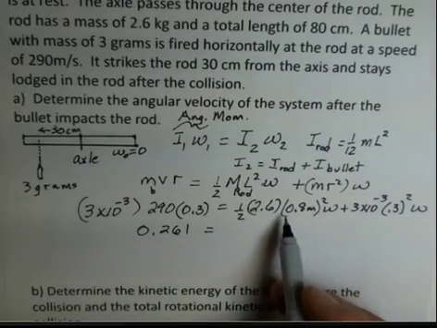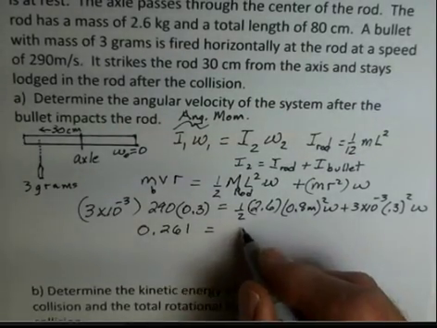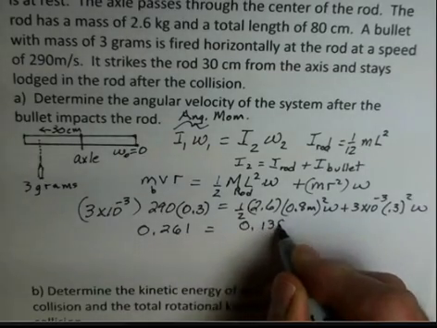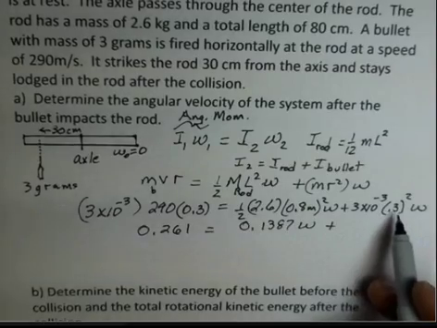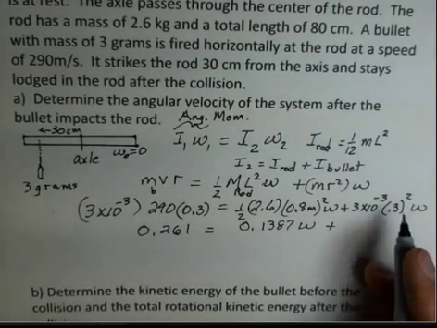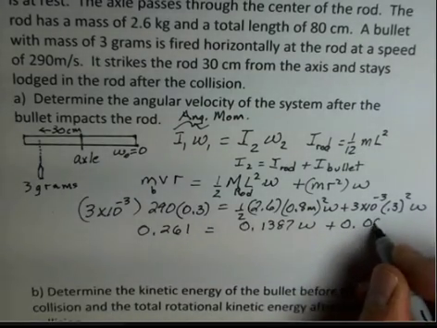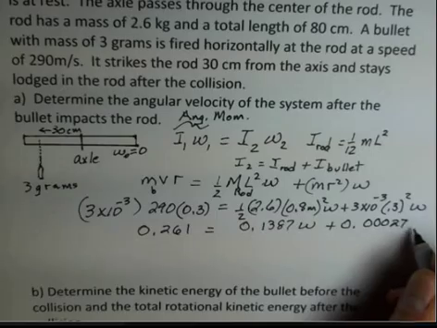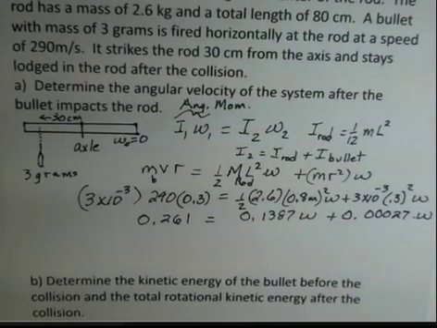Here for the rotational inertia of the rod, I've got 0.1387. And for the rotational inertia of the bullet, mr squared, just a single point mass we're treating this as, I've got 0.00027.